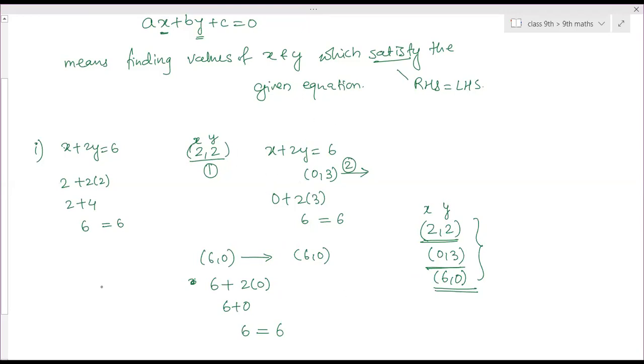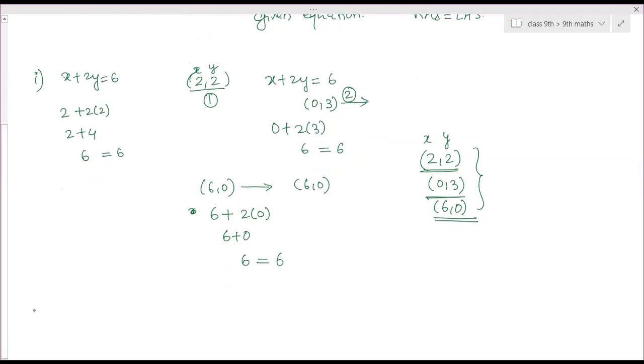Therefore, it is said that a linear equation in two variables has infinitely many solutions.